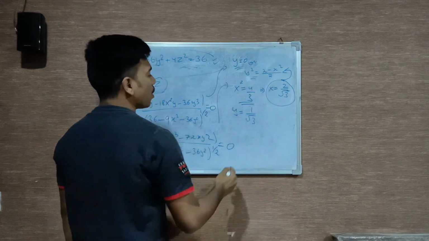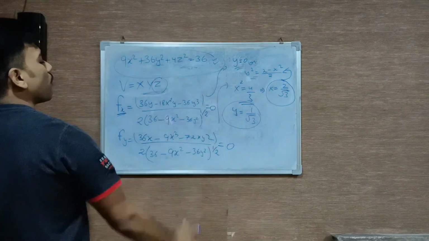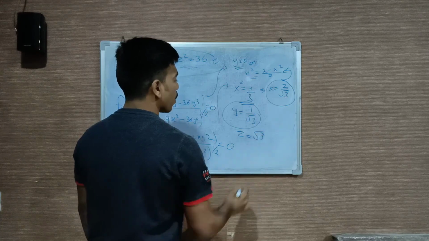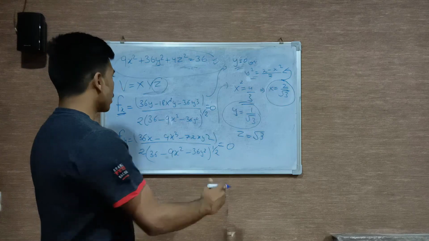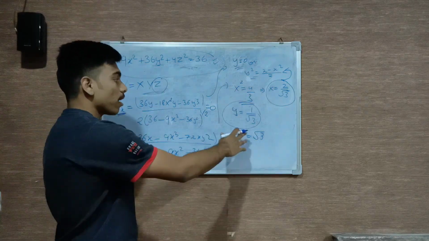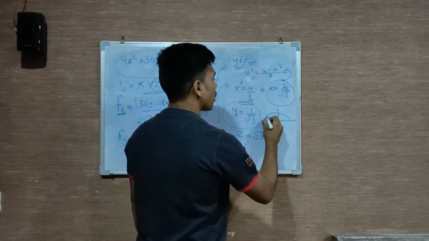Now substituting both values of y and x in this function, we get z as root 3. So now we have our x, y, z values. Now we just need to substitute these values in the volume, but we can't directly substitute them like this because of symmetry.